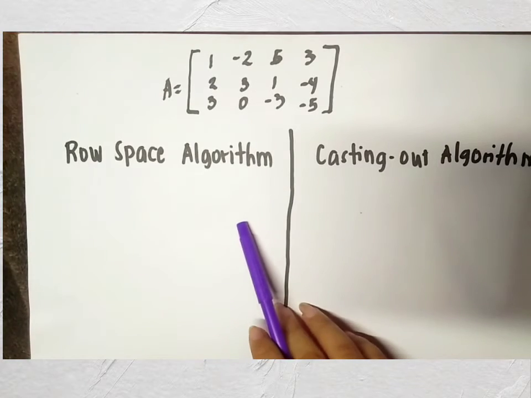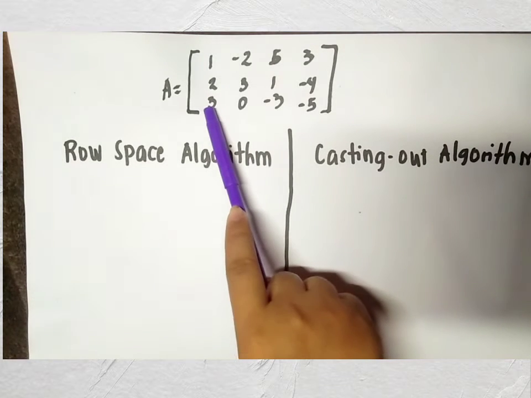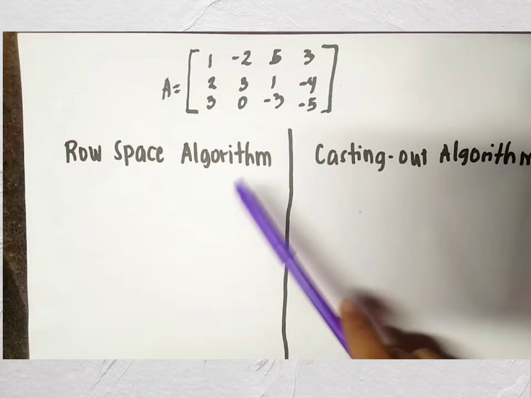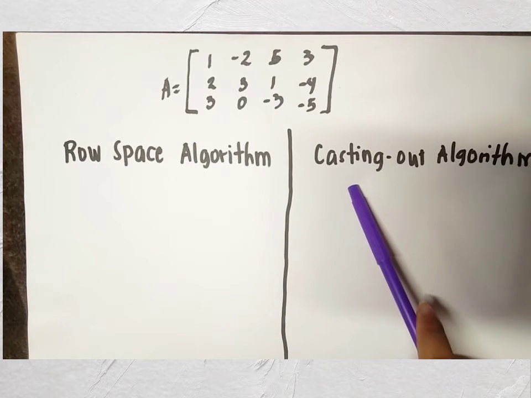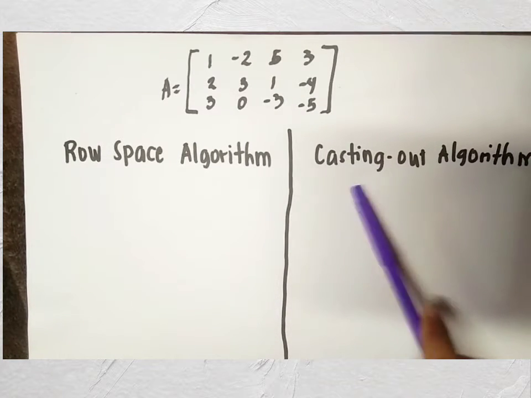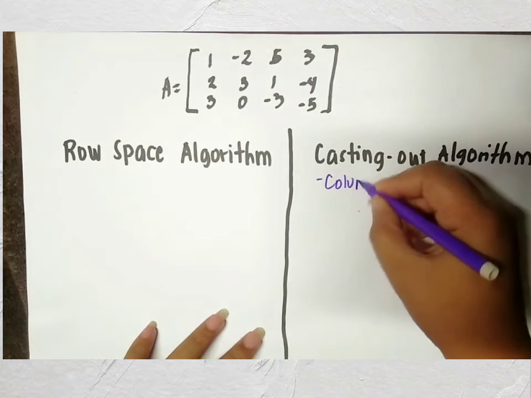Now, let's move on to the difference between the row space algorithm and the casting out algorithm using this given. The row space algorithm and casting out algorithm are methods used for a matrix. The casting out algorithm is also known as the column space.